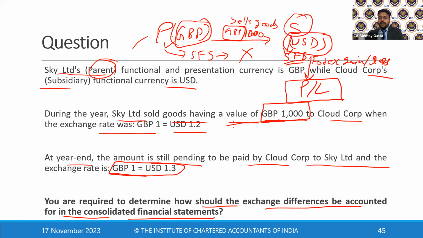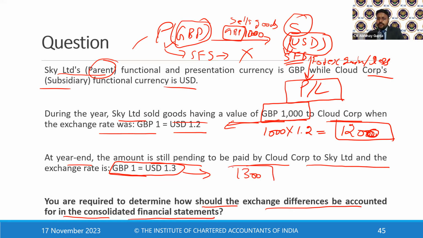This has been converted to USD, so 1000 into 1.2. How much? 1200. So 1200 is the amount of the transaction in USD, and this balance, if reinstated, will be 1300, right? On the year-end financial date.